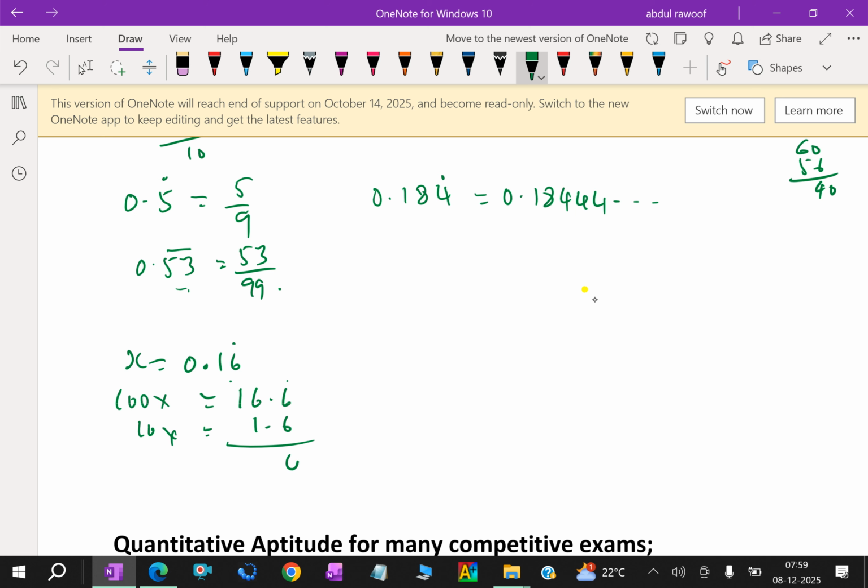So subtraction gives 90x equal to 15, and x equal to 15 over 90. So this is the answer.